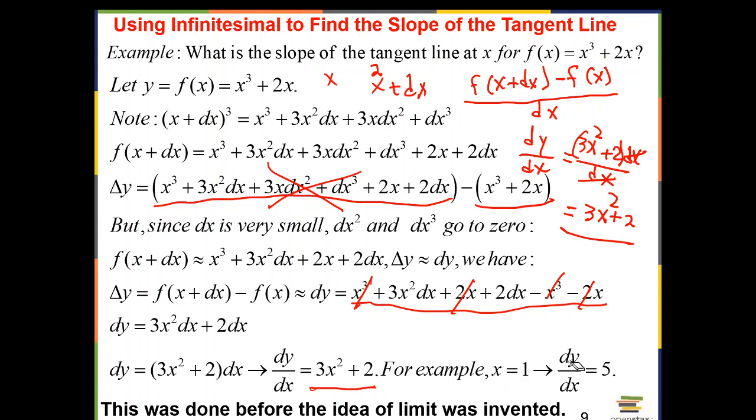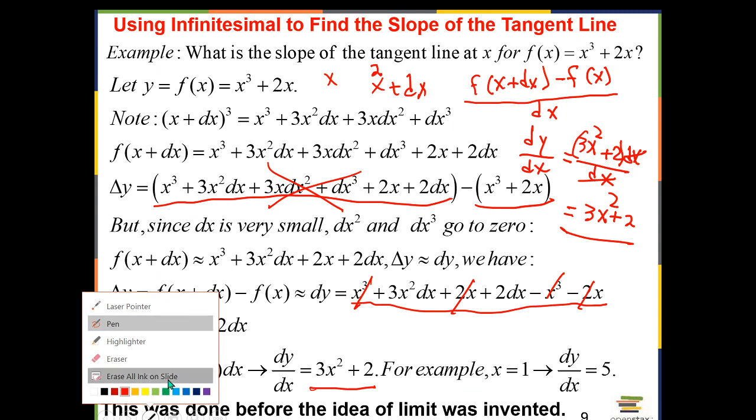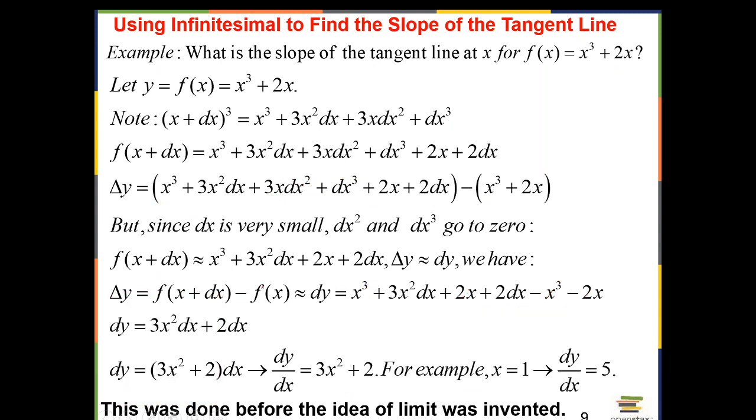So if x is 1, the slope of the tangent line is 5. That means the rate of this function at x equals 1 is 5 units per 1 unit of change in x. So that was the way that the differentiation part of calculus was done without the idea of limit. Okay?